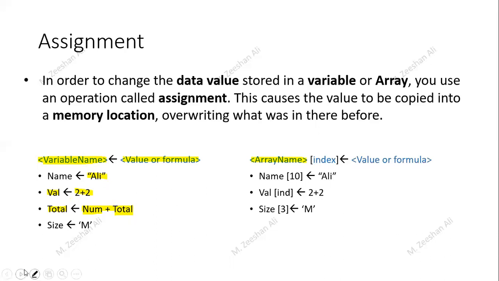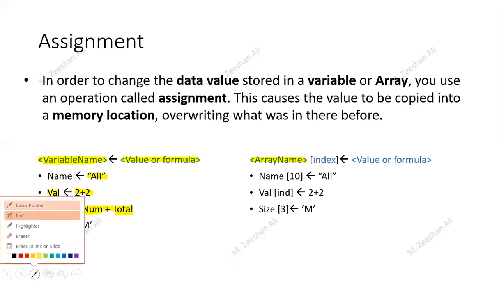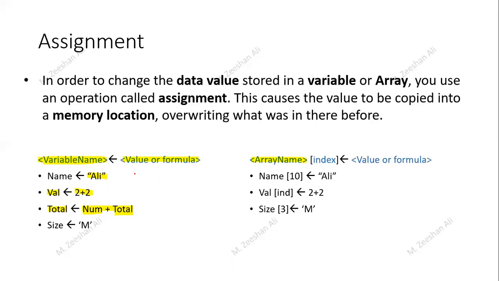Okay. For example, at the beginning I have shown that total is equal to 0. Okay. Then I have taken input from a person, and I have written input num.